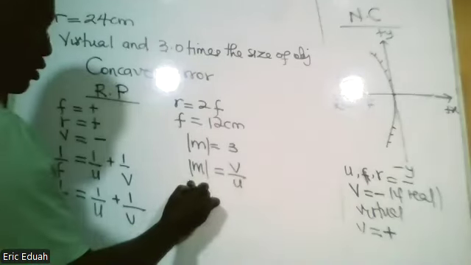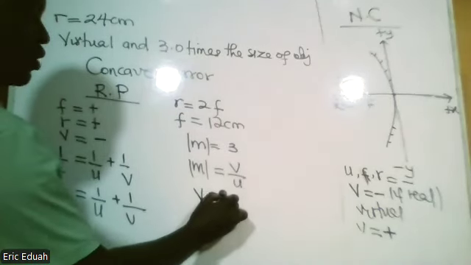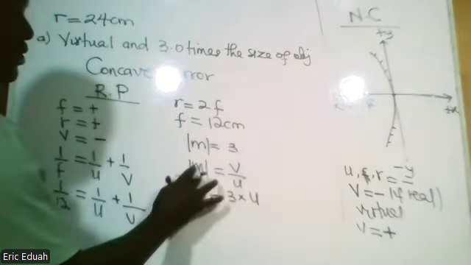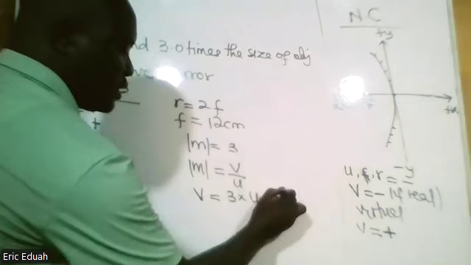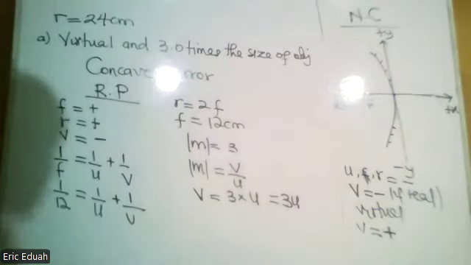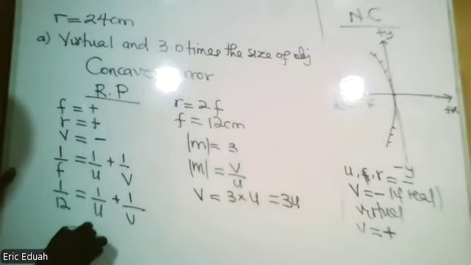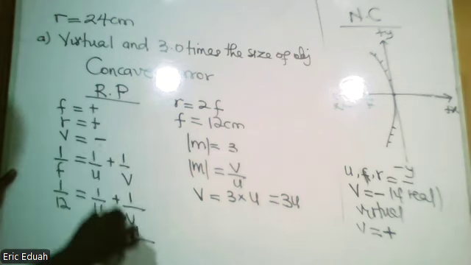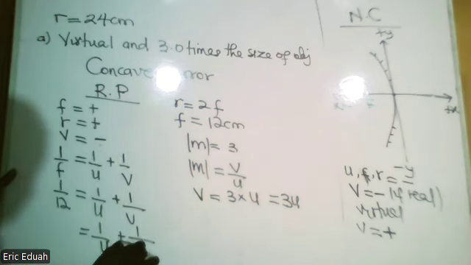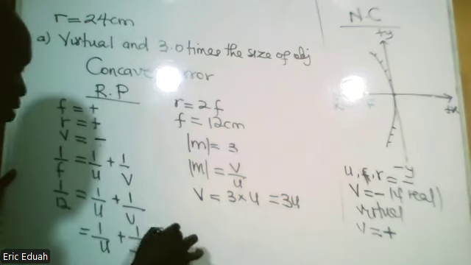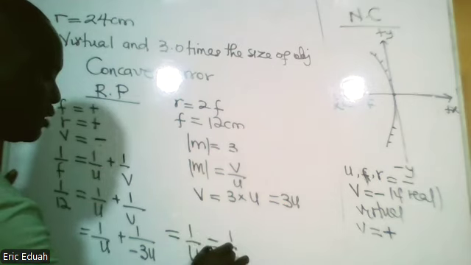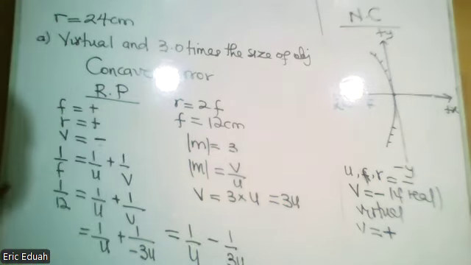Therefore, V is equal to 3U. Since the image is virtual, V is negative, so 1 on 12 is equal to 1 on U minus 1 on 3U.